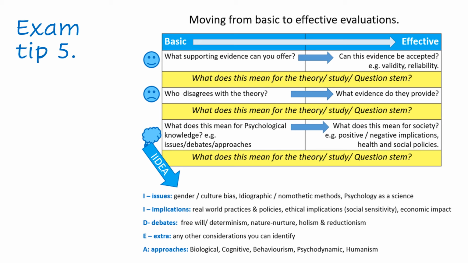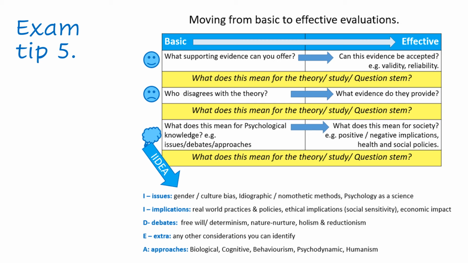You can have a paragraph on issues and debates that are linked to the theory that you're currently talking about. Now, this is brilliant because in paper 3, you cover issues and debates, but you can use that knowledge to evaluate other theories in other parts of the exam papers. So, for example, if I'm talking about cognition and development, then there might be issues linked to that covering gender and culture bias, or there might be implications for real world practice.